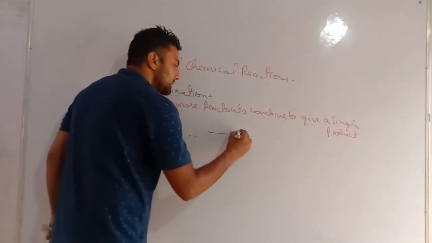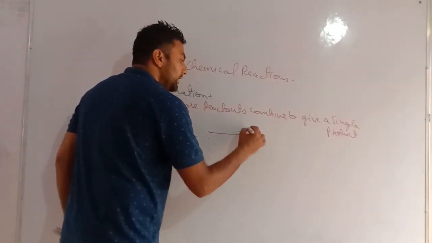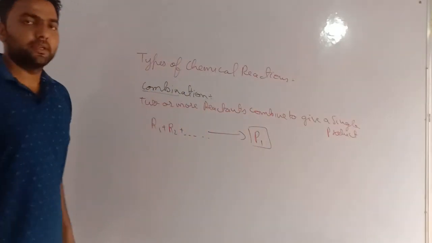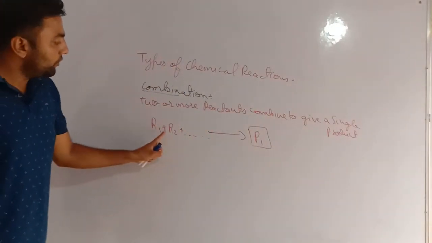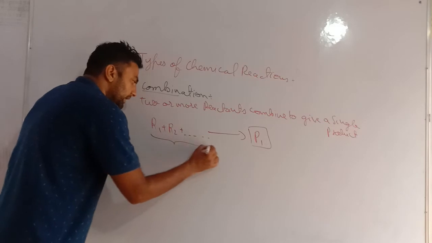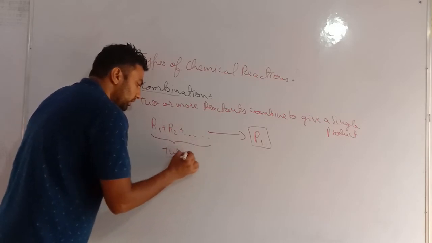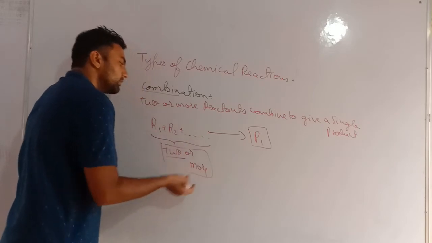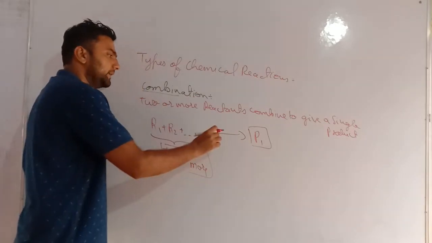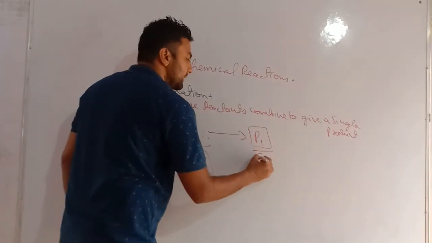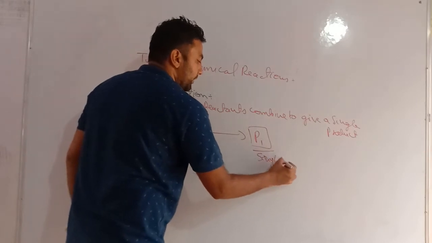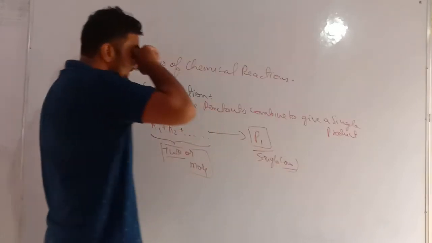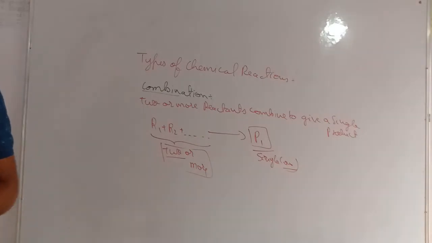All these reactants will combine and give me a single product. On the reactant side, if there are two or more reactants reacting, and I get a single product or only one product, then this is known as combination reaction.